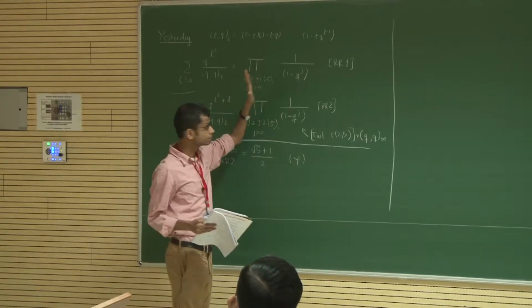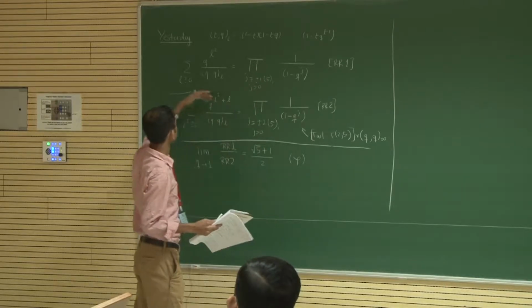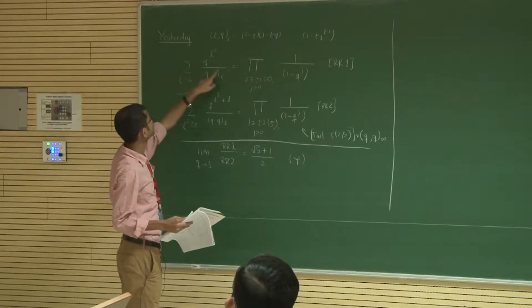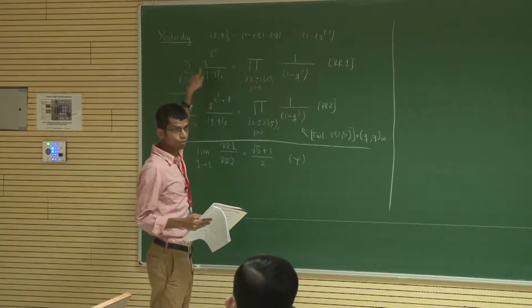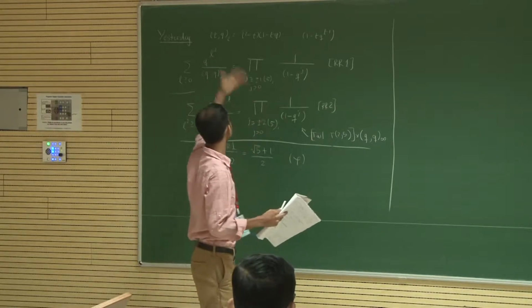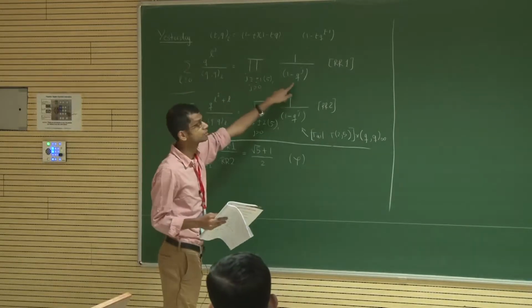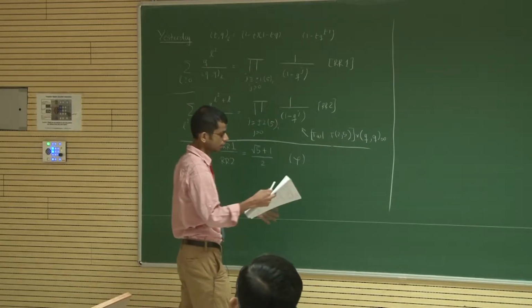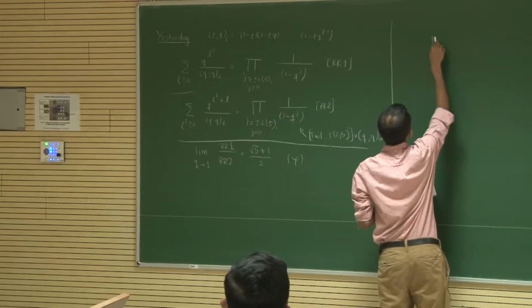Modularity is manifest from the product side. The hard or open problem is to prove it just for things of this expression. There are many q series that look like this for which there is no product, so it's hard to guess their modularity. So what is a modular form?